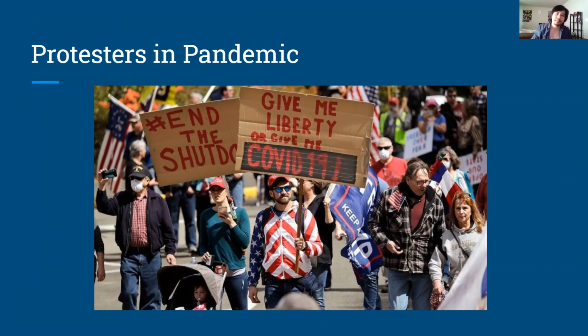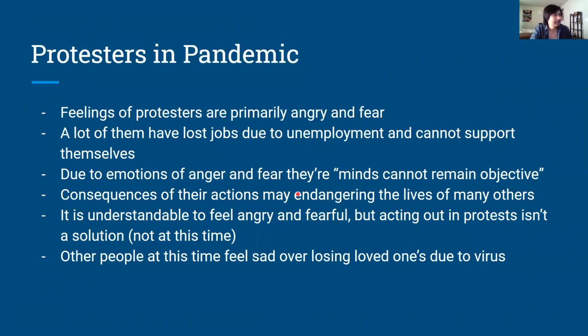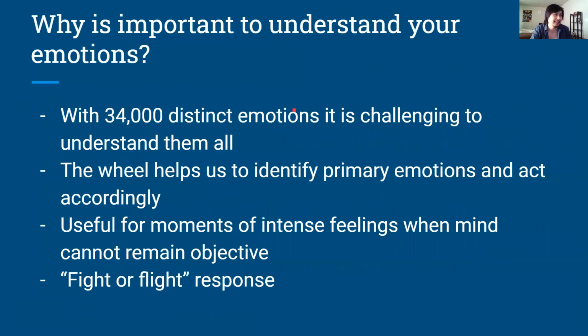But it caused a lot of people to protest and end the shutdown, and it's not really a safe thing to do at this moment. So obviously these protesters are feeling anger and fear. So we go back to that chart again.